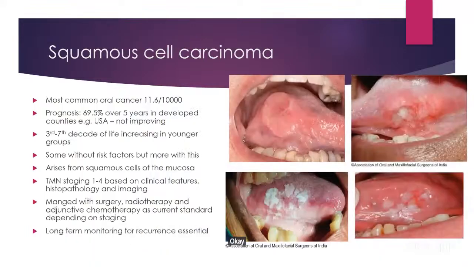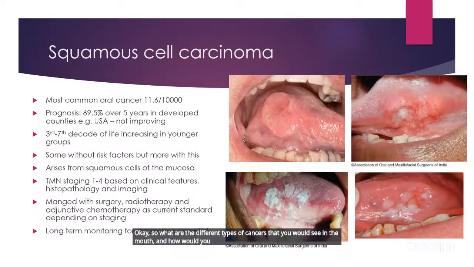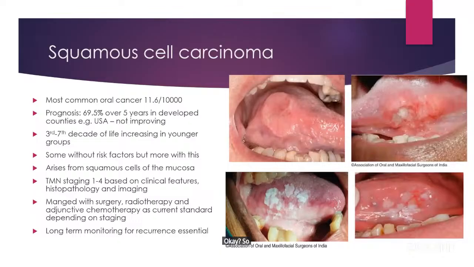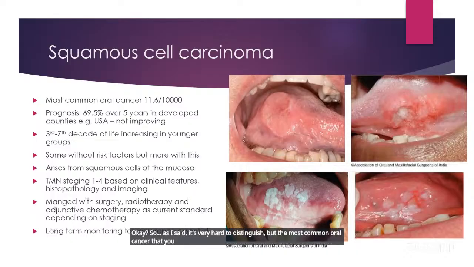Okay, so what are the different types of cancers that you would see in the mouth, and how would you recognize them? As I said, it's very hard to distinguish, but the most common oral cancer that you will see by far in the mouth is squamous cell carcinoma.